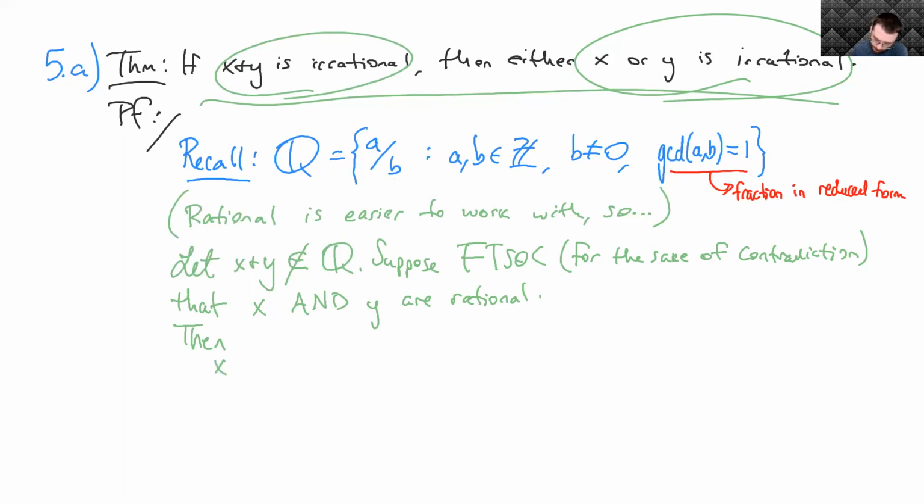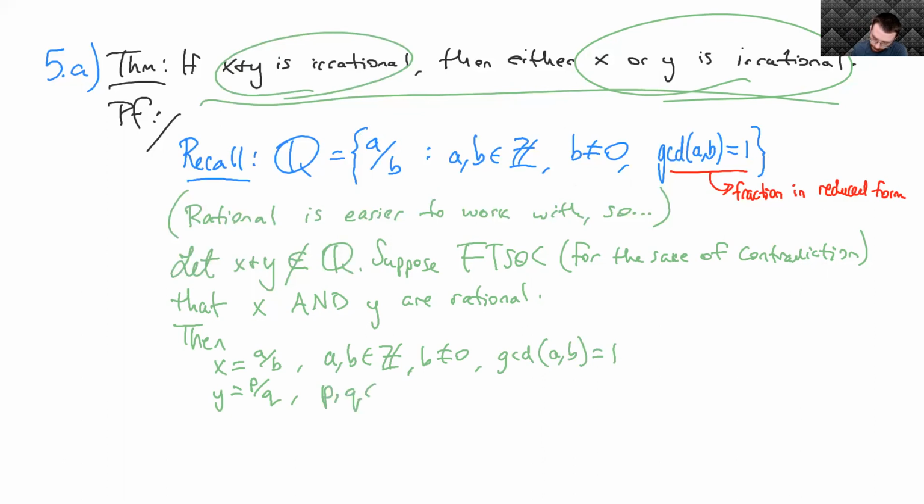So I could write x equals a over b, y equals, I don't know, some other letters, maybe p over q. And then here I'll just say, again, a and b are integers, b is non-zero, it's in reduced form.